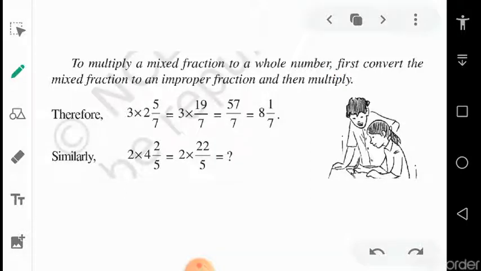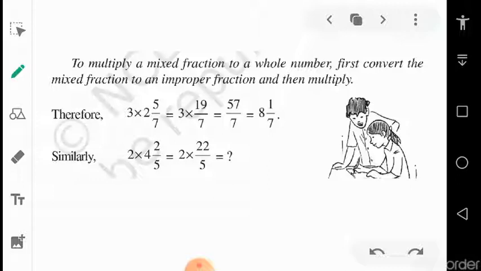As you can see, 3 is the whole number and 2 5/7 is a mixed fraction. So first it is converted into an improper fraction. So 3 multiply. Now the fraction becomes 19/7 because you multiply 7 by 2, as it is 14, and plus 5, that is 19/7. Finally 3 is multiplied by 19, as it is the numerator.